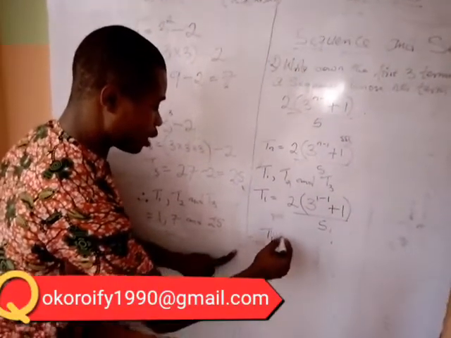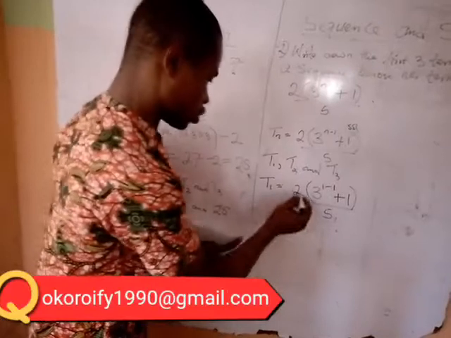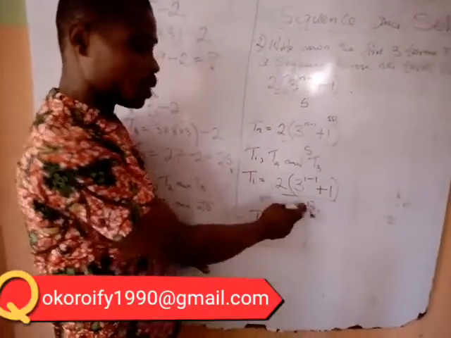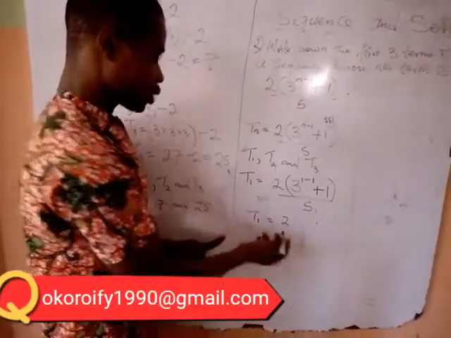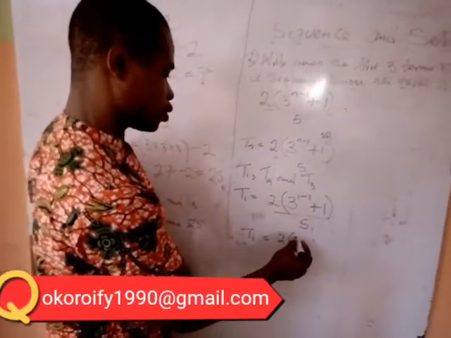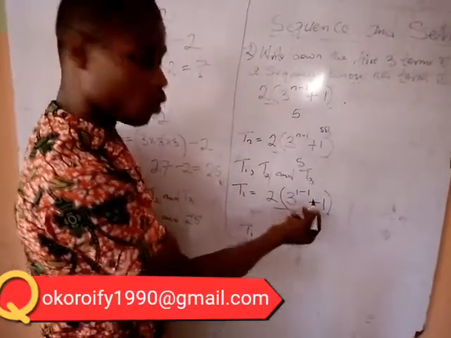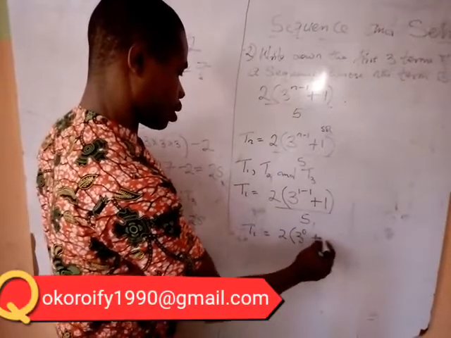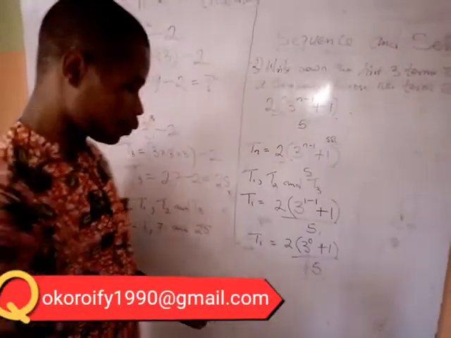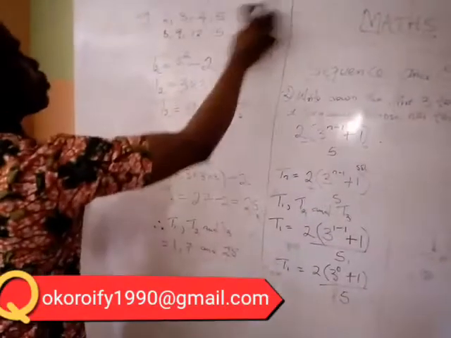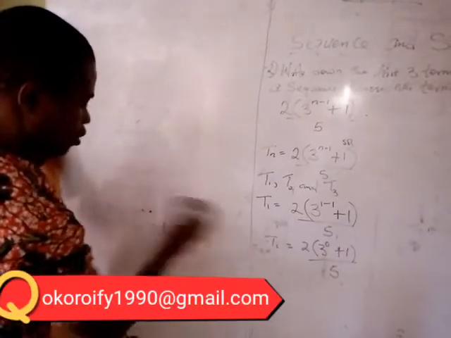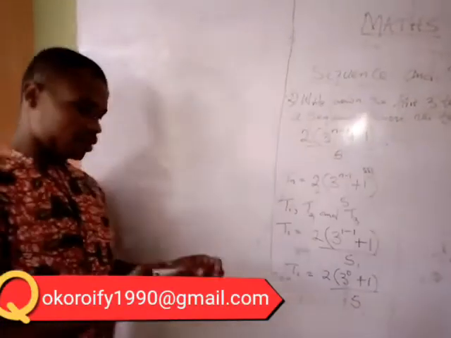Then your T1 here will be equal to, just bring down your 2, because it's not divisible by the denominator, so you have to bring it down. And 2 in brackets 3 raised to power 1 minus 1 is 0, plus 1 bracket close all over 5. Then to go down to the next step.